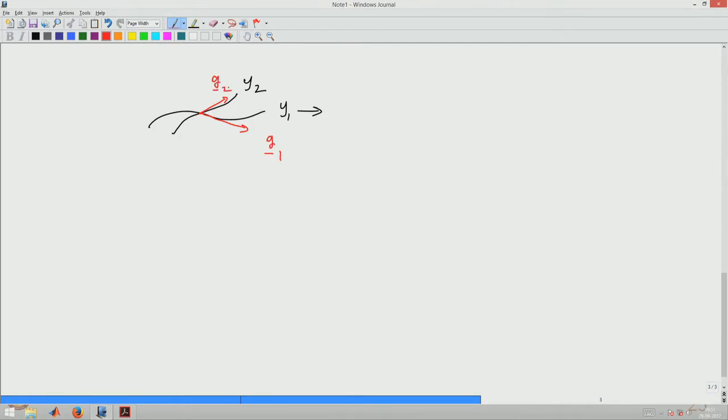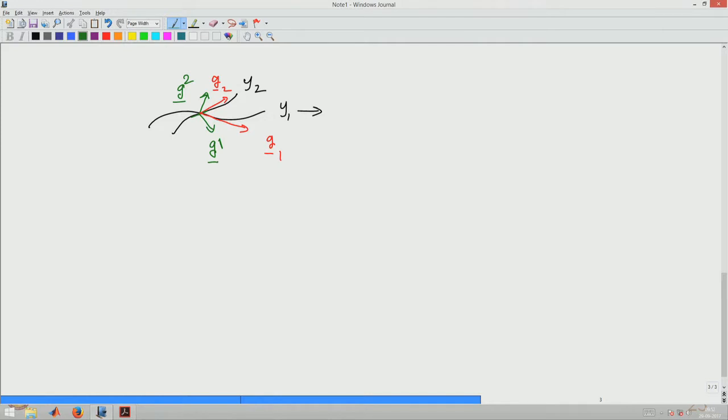Now, we also are defining based on y1 constant surface and y2 constant surface. So, you can see in this case that this is the curve along which y2 changes, and at this particular point this is the perpendicular which will define g2, and similarly this is the perpendicular which will define g1.